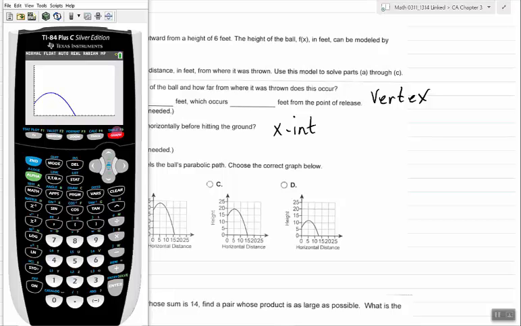All right, first question. It says, what is the maximum height and from where was it thrown? So that's your vertex. Second, calc. It's a maximum in this case. I have to get to the left side of the maximum. Remember, it prompts you saying left bound. There we go. Right bound.